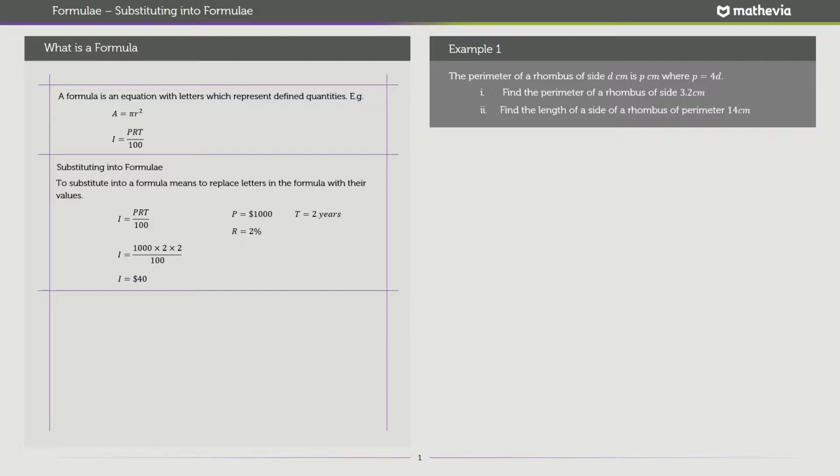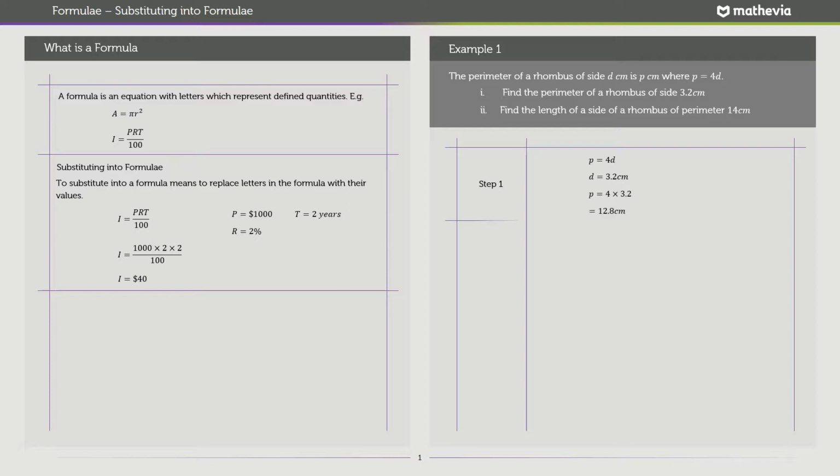We've been asked to find the perimeter of a rhombus of side 3.2 centimeters. We quite simply just need to substitute the value for d in the formula. So p equals 4 times 3.2, and what we have in the end is 12.8 centimeters. Simple, straightforward.